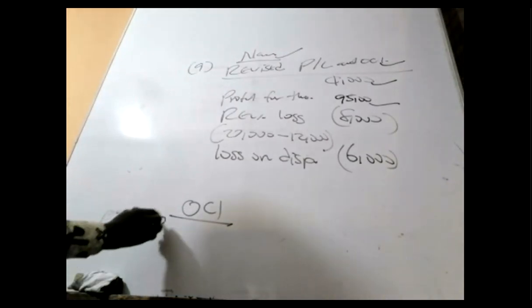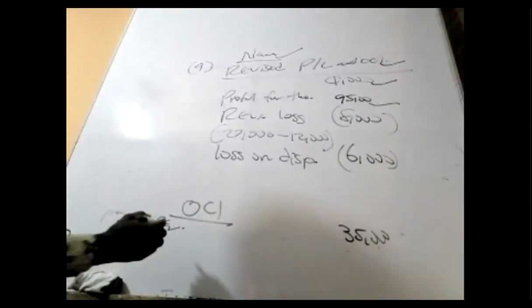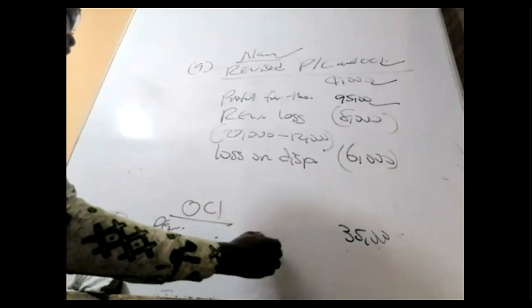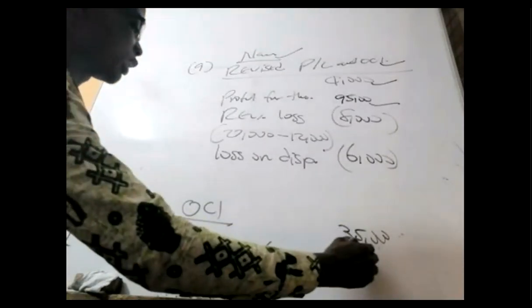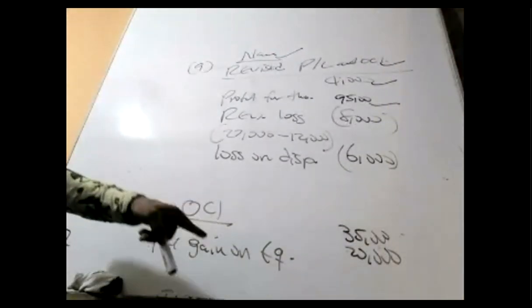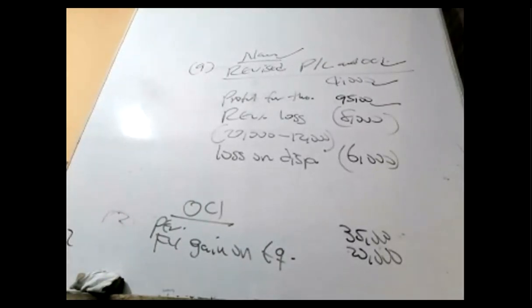The question has OCI, which is 35,000, right? Then you say fair value gain on equity investment, 20,000. That's all. So if I end here, my total is 55,000.